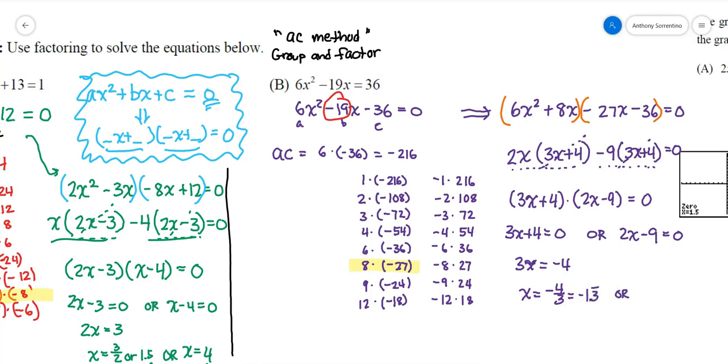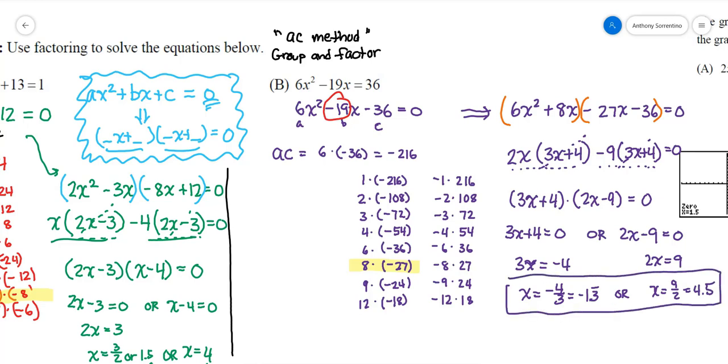Or I could have had the 9 added to both sides of the second equation, and then divided both sides by 2, which gives me 9/2, which is 4.5. And those would be the two solutions for this equation.